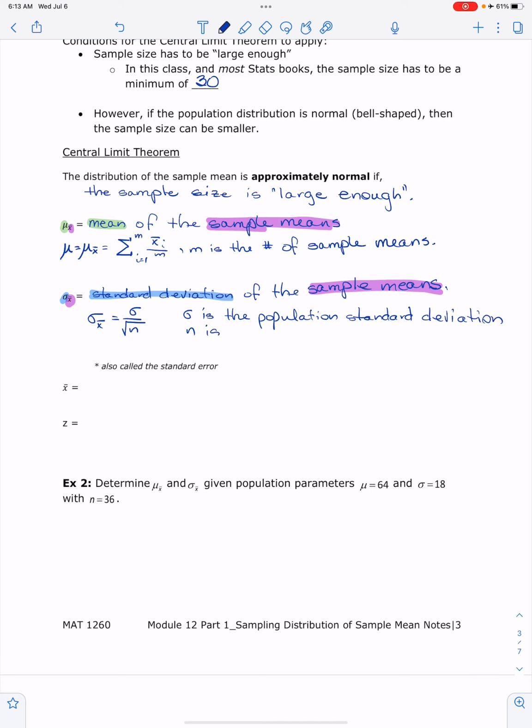And n is the sample size. This is also called our standard error.